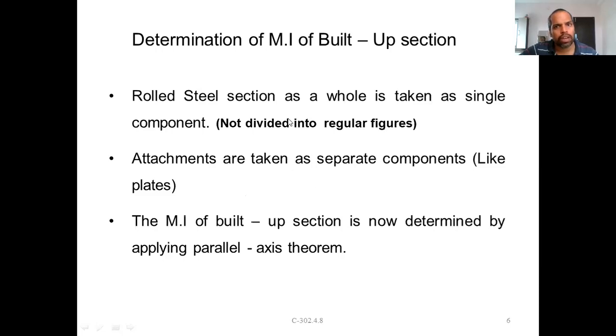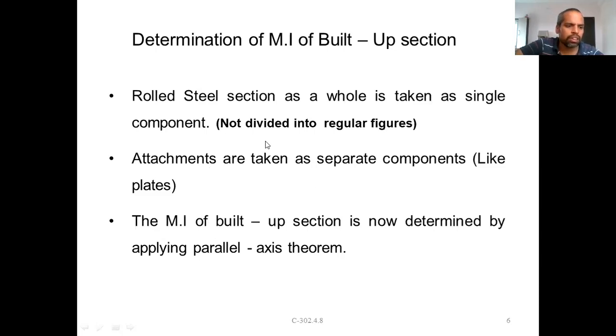By applying the parallel axis theorem, just like we did for the flanges of the I section, top flange and bottom flange. Assuming a rectangle, we applied the parallel axis theorem and calculated the moment of inertia about the centroidal x and centroidal y. The same thing here: we apply the parallel axis theorem and calculate the moment of inertia of the entire section.